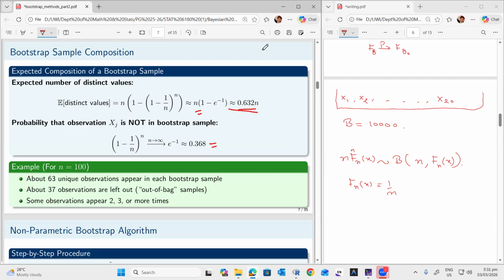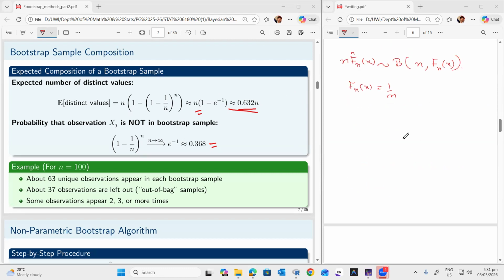Okay. So the property basically says that as limit n tends to infinity, (1 minus 1 upon n) raised to the power n will be equivalent to e. All right.